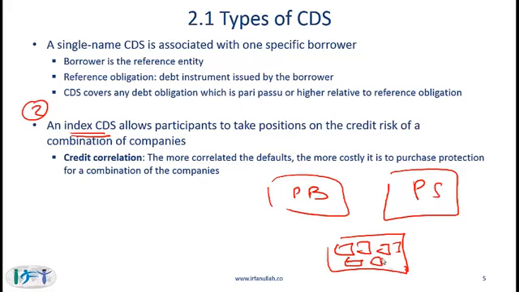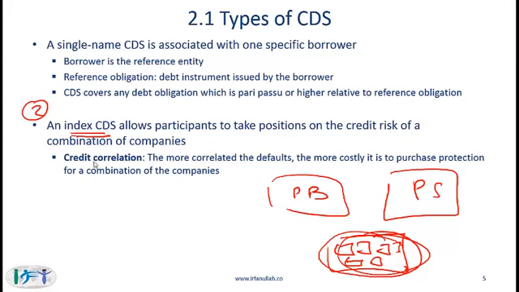Therefore the protection buyer is buying protection, taking a position on the credit risk of a combination of companies. You can think of this as some sort of a portfolio.